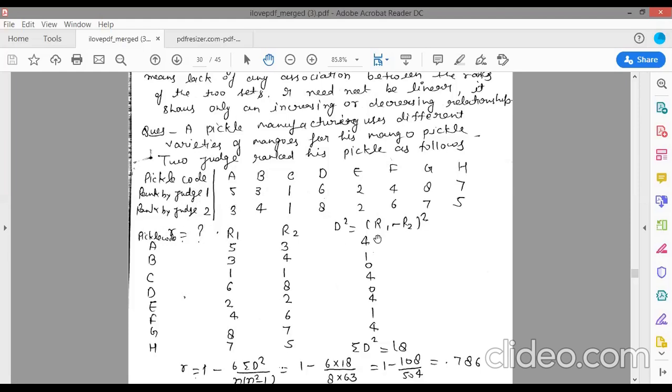A, B, C, D, E, F, G, H are the pickles. So just make a table here. These are the varieties of pickle. First rank R1 is here, second rank R2 is here. So we need to calculate d square, the square of the difference R1 minus R2.